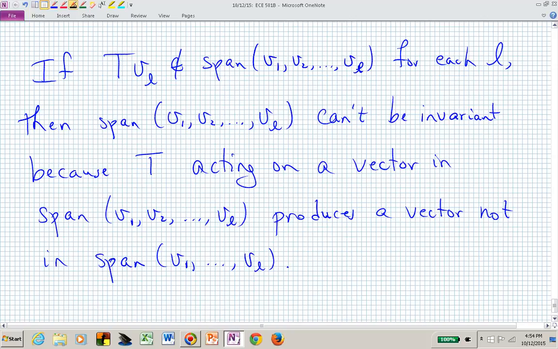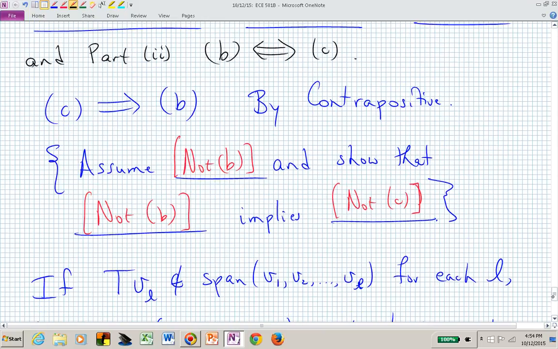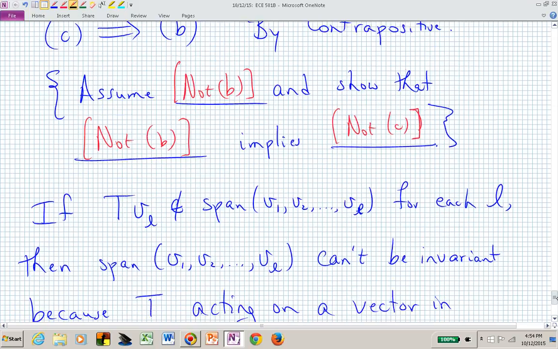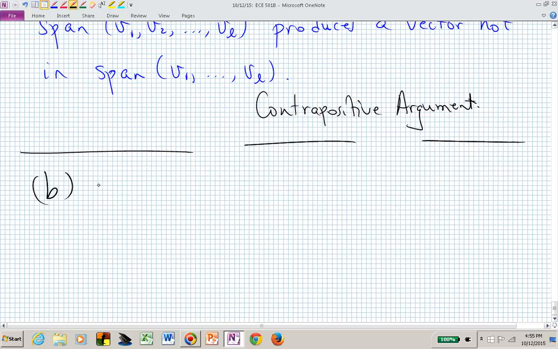And that's using this contrapositive argument to show that C implies B. Now we need to show that B implies C. And then we'll be finished.